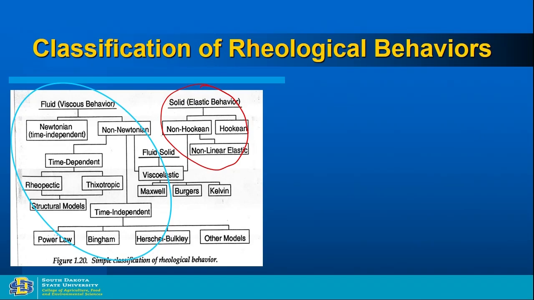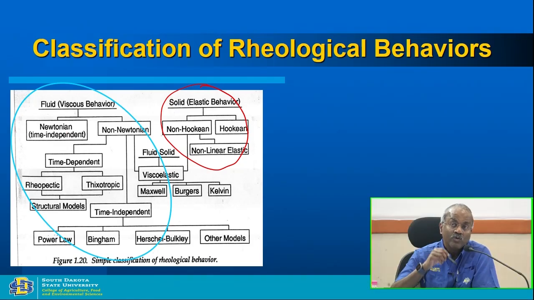Within the viscous behavior, there are Newtonian fluids and non-Newtonian fluids. Newtonian fluids are time independent, meaning that no matter how long you run the experiments, they will have the same property.